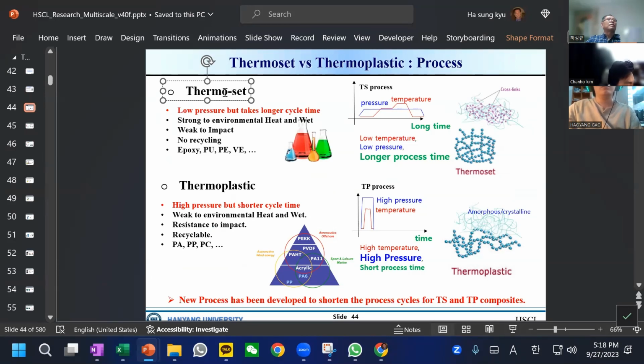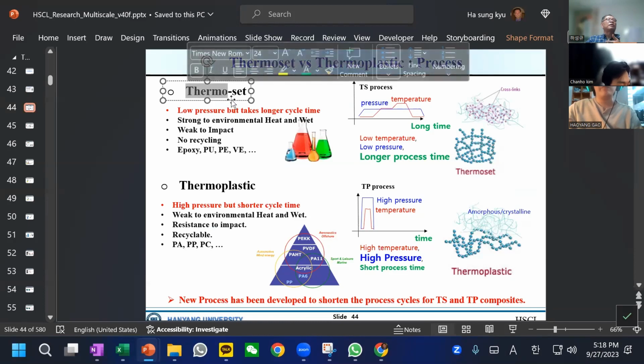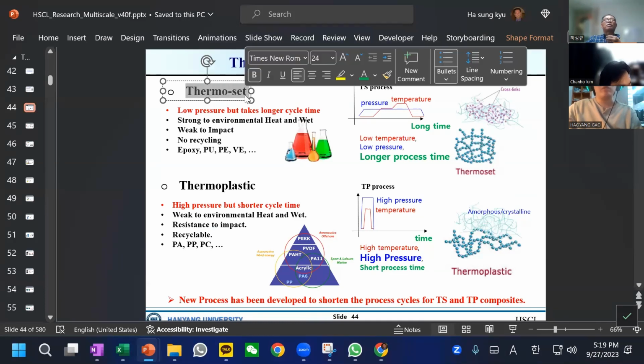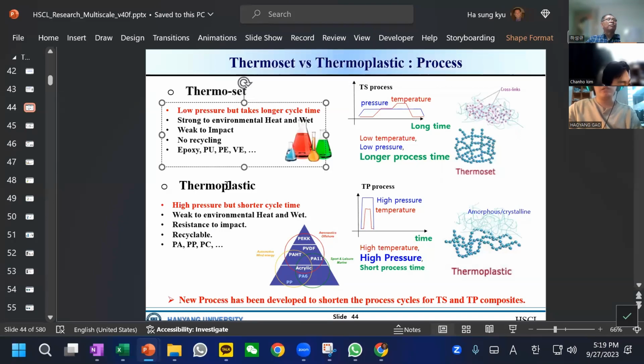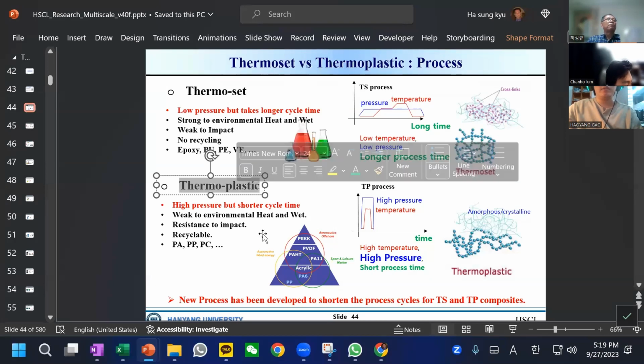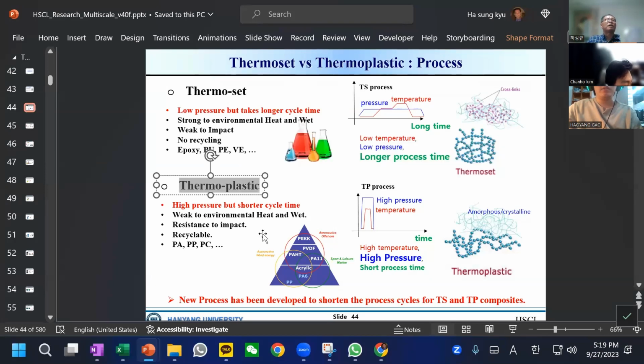Thermal means heat up, temperature increase. Set means it's solidified, it's secured. And thermoplastic, what does it mean? If we apply heat, it becomes plastic, more plastic, and more ductile.